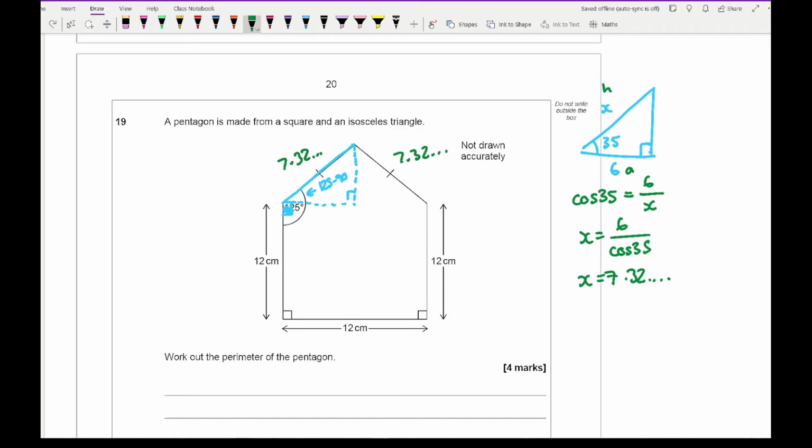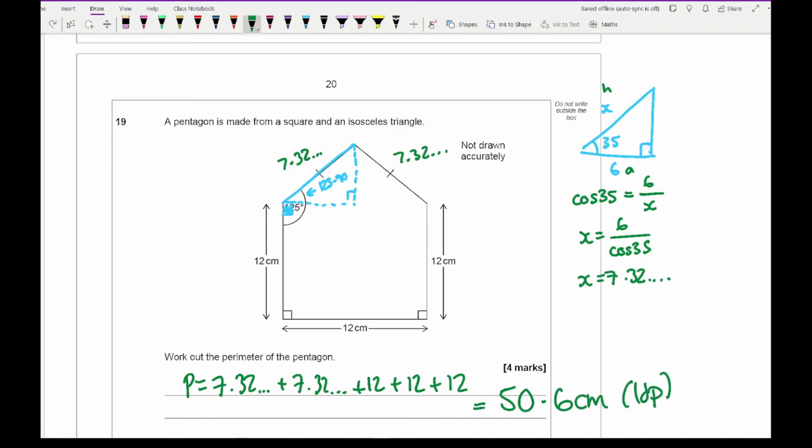Now if I keep that value in my calculator, we work out the perimeter is 7.32 plus 7.32 plus 12 plus 12 plus 12, and that gives me a total answer of 50.6 centimeters, and that's to 1 decimal place.